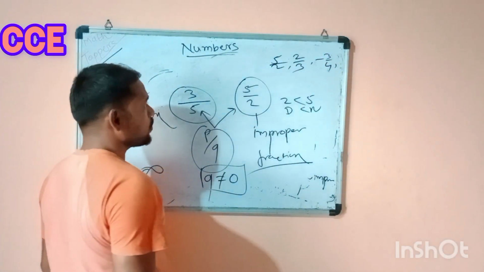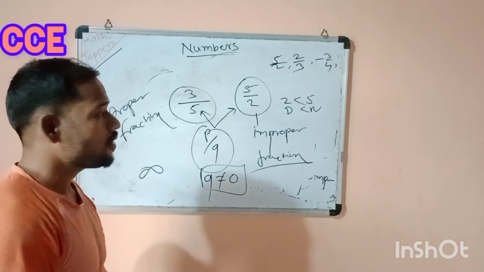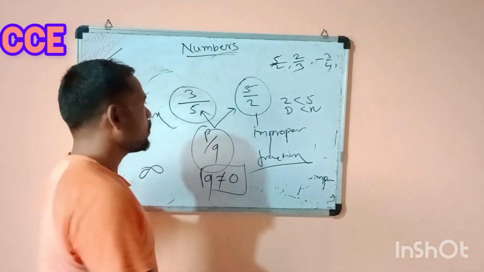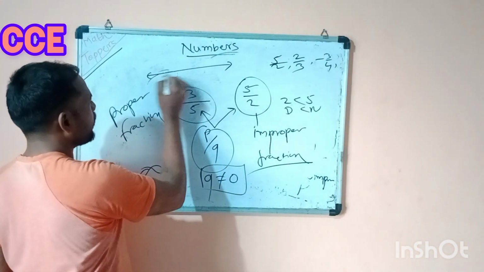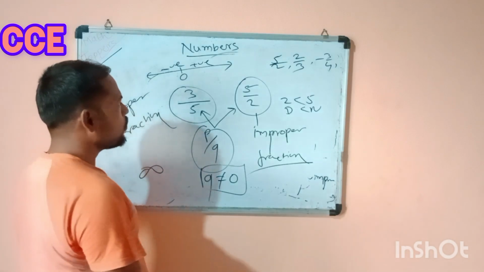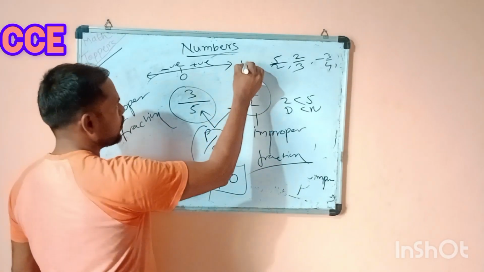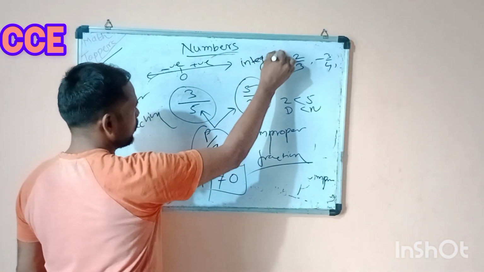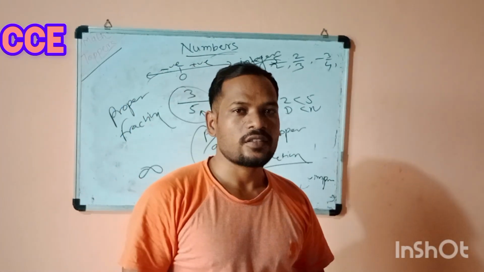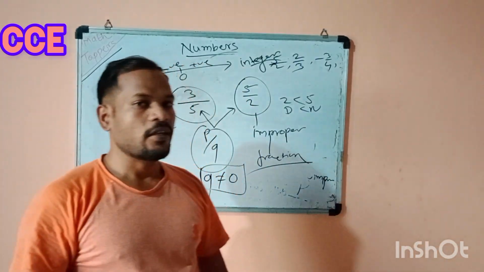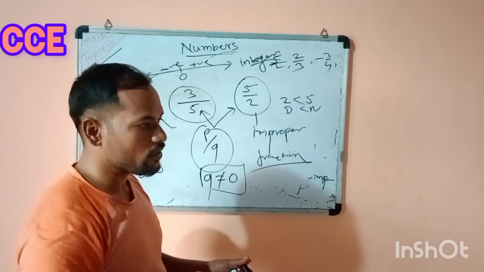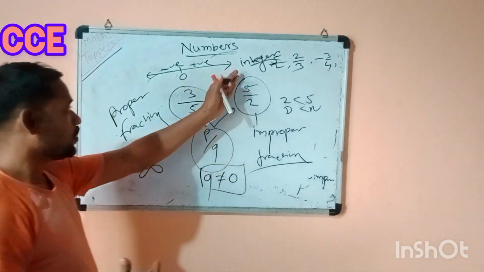The numerator is an integer and the denominator is also an integer. Integers are the numbers positive and negative. These we already discussed in the last video: how integers are used for addition, subtraction, multiplication and division.